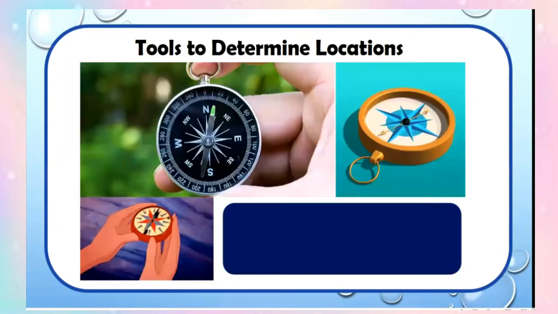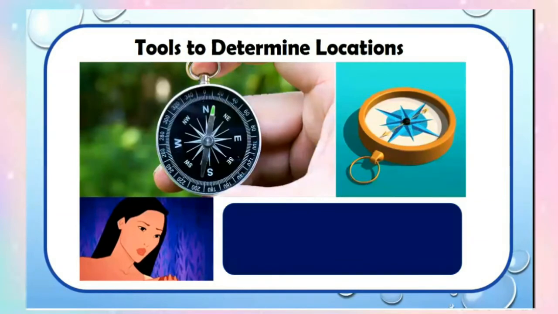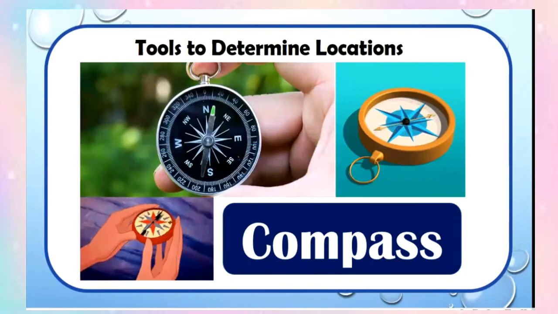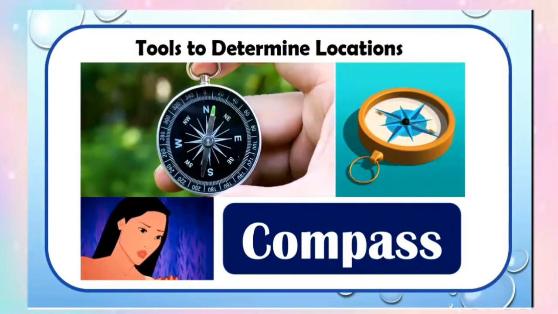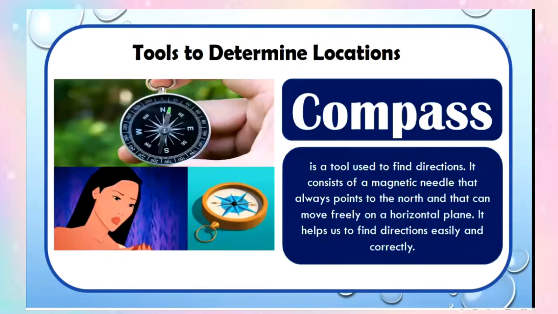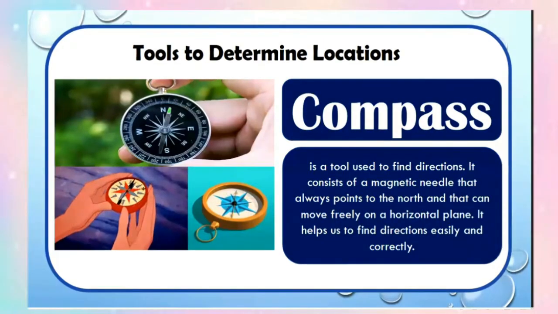How about this one? Can you guess what this is? Can you say your answer out loud? Of course, that's great. Very good. I can hear you. That is a compass. A compass is a tool used to find directions.